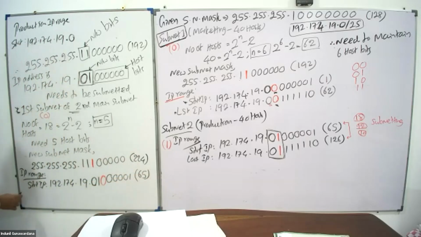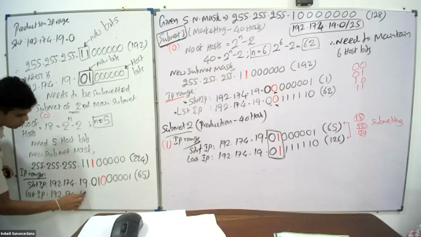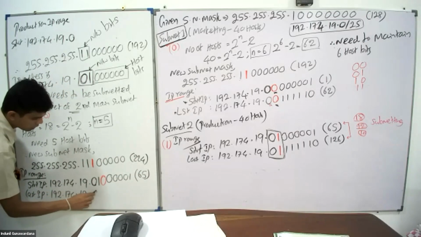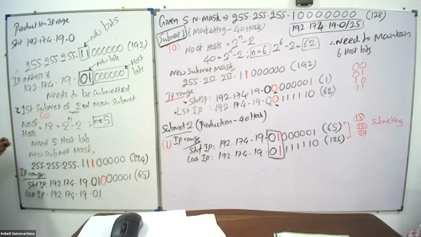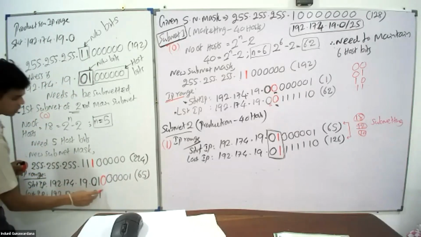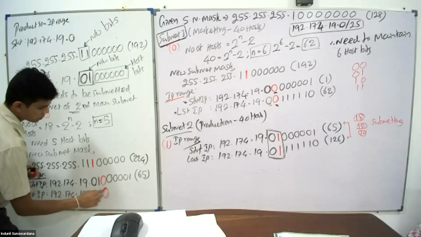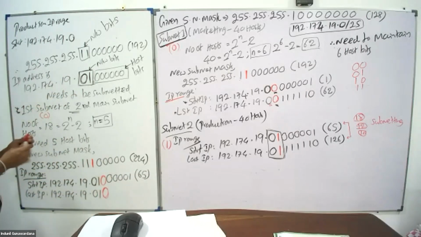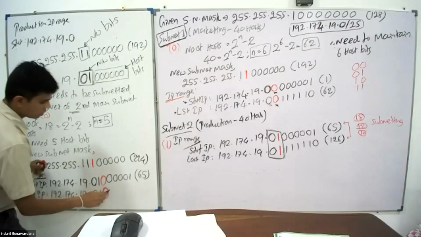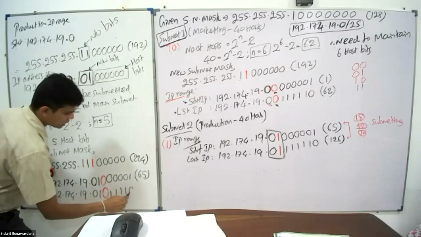And then the last IP is going to be 192.174.19.01, maintaining this as 0, 0. First bits are going to be 1, 1, 2, 3, 4, 0.